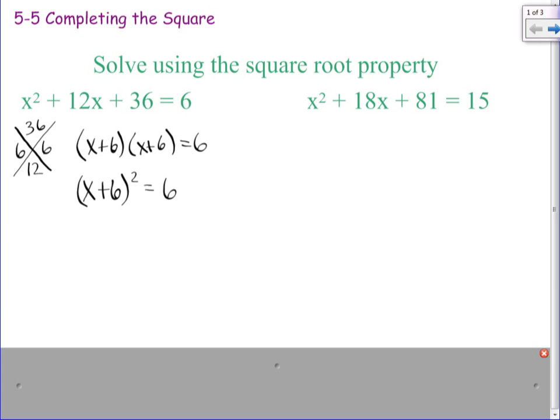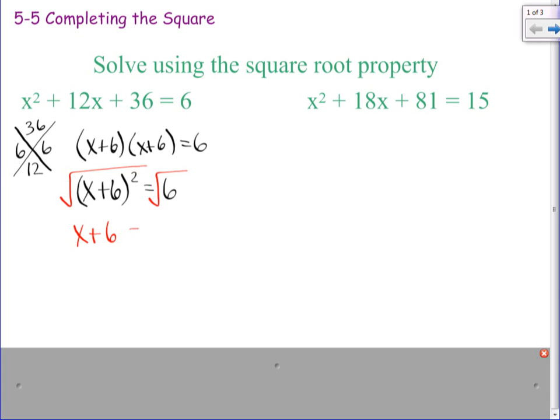Now, the reason it's called the square root method is because at this point, in order to get x by itself, what could we do to both sides? How could we get rid of this 2? Square root both sides. Over here on the left, the squared and the square root go away, so we're just left with x plus 6.